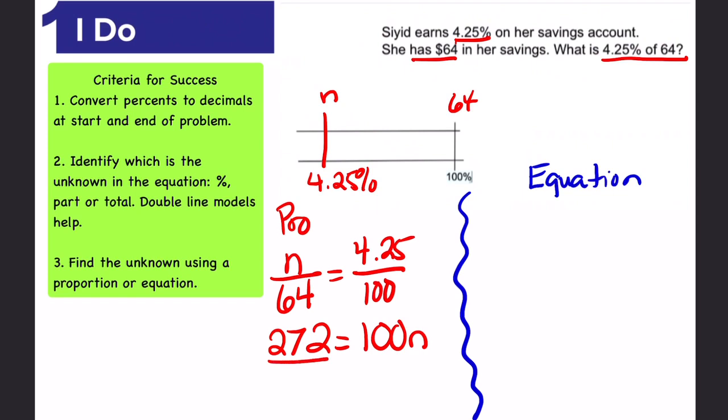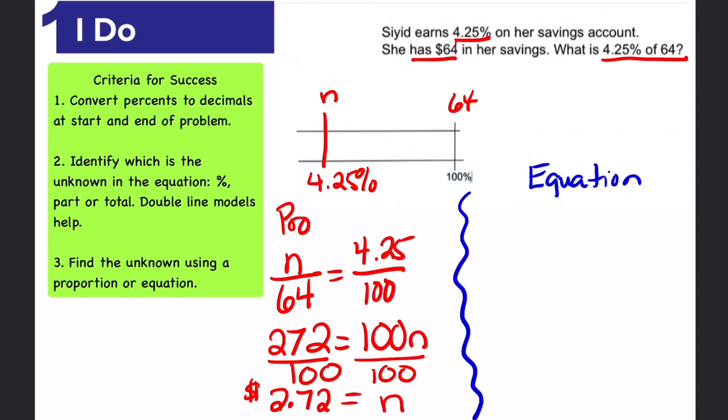And now I'm going to divide both of these by 100, and I get n is equal to 2.72, and I'm talking about money here, so this is $2.72. And I'm going to try it the other way now, just so we also have it as an equation.